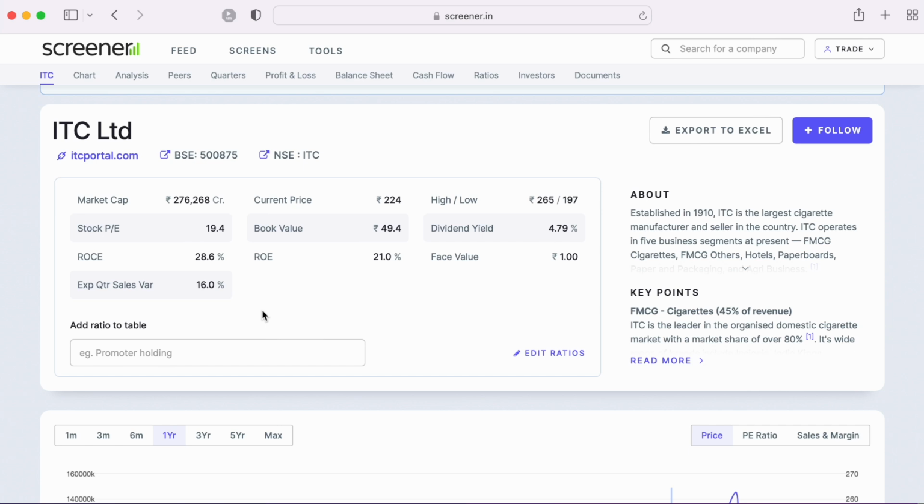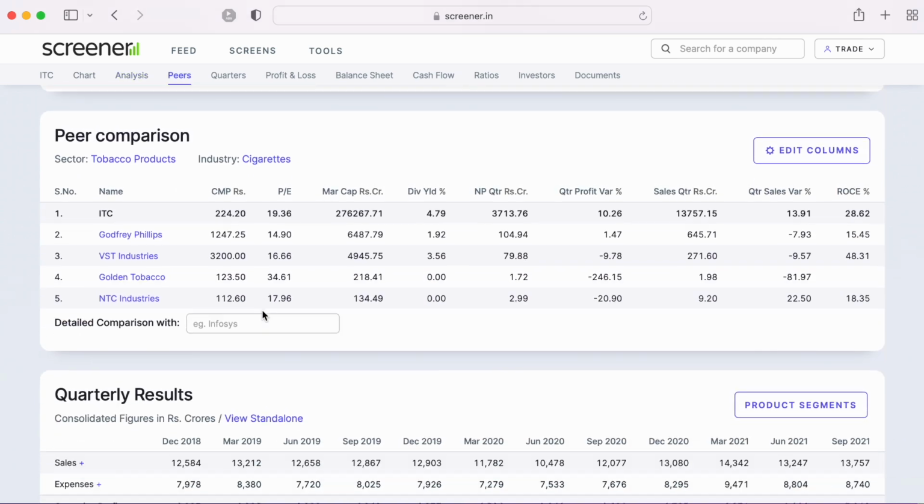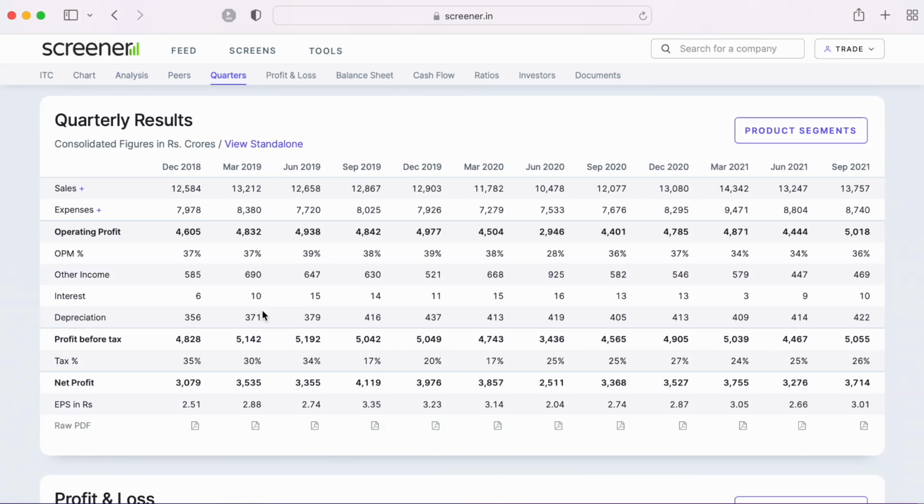If we assume this to be the growth rate, our calculation becomes very easy. Next step is just to scroll down over here in the quarterly results section, and here we'll only look at this box, which is EPS in rupees. This is where we have to focus. Now we do not know if the company is seasonal or if it is a normal company.